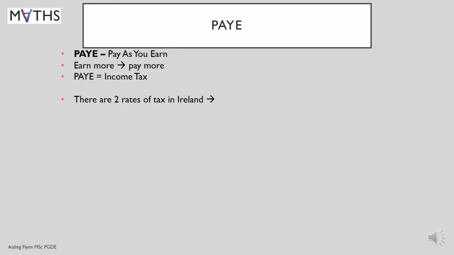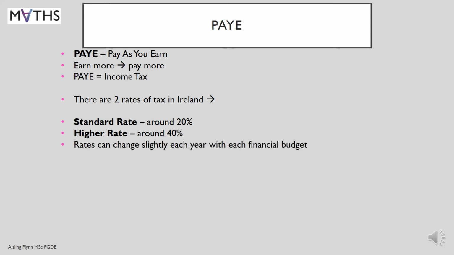There are two rates of tax in Ireland. The standard rate, which is around 20%, now most people pay that, and the higher rate, around 40%, which some higher earners pay. And the rates can change slightly each year with each financial budget. Okay, so we'll look at some examples shortly that use the standard rate and the higher rate.